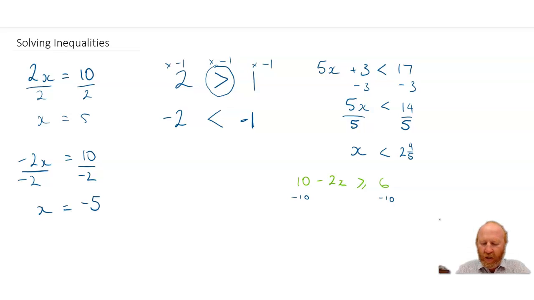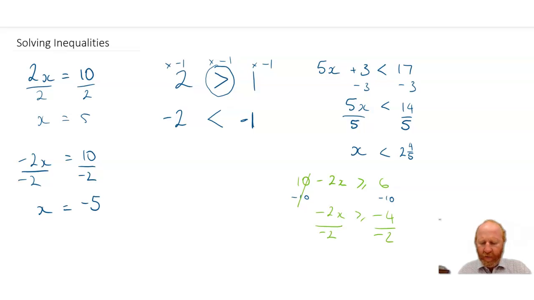Nothing else is changing here except for what happens in just a moment's time when we divide by minus 2. Let's just finish off this first bit. 10 minus 10 is gone. 6 minus 10 is negative 4, but now I've got to divide everything by negative 2.